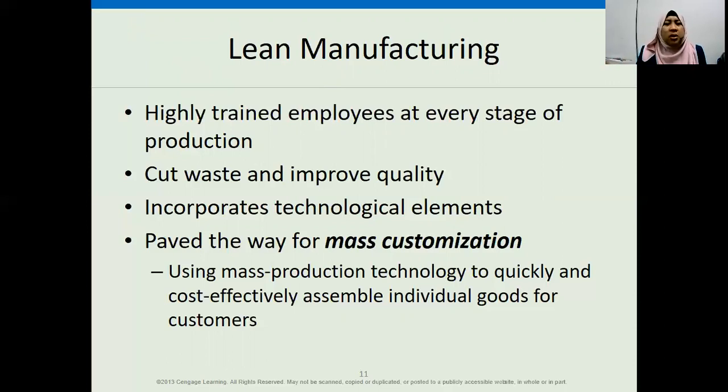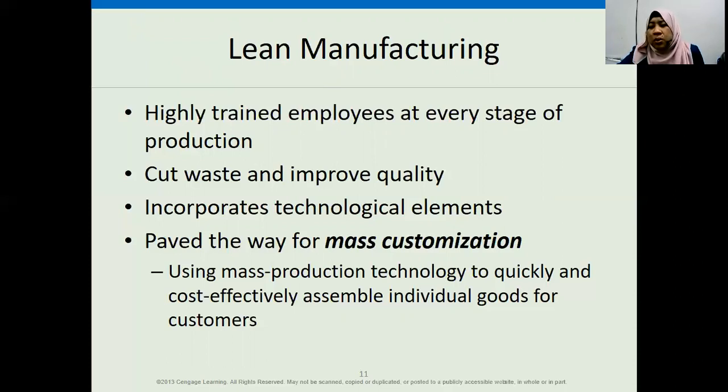So you can do both, by using mass production or mass customization. For example, food right now, they have a lot of food. Is it mass? Yes, it's mass, but you can customize it according to your needs and preference.